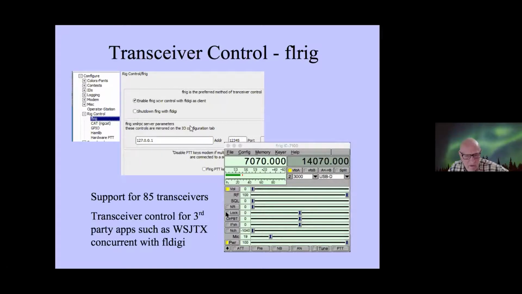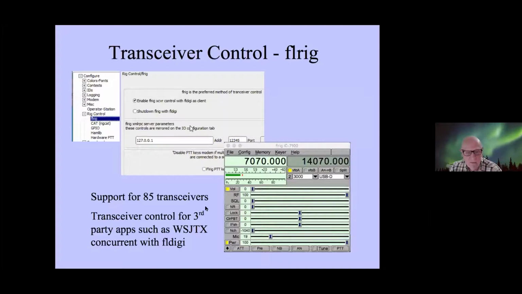One of the things about FLRig is if you're using it as the controller for Fldigi, it can simultaneously be used as the controller for other third-party applications such as WSJTX. I know the fellow Michael Black who wrote the code to support that, and it uses one of the Hamlib interface calls, and Hamlib, when used in WSJTX, thinks that FLRig is just another transceiver, and therefore it just connects to it.